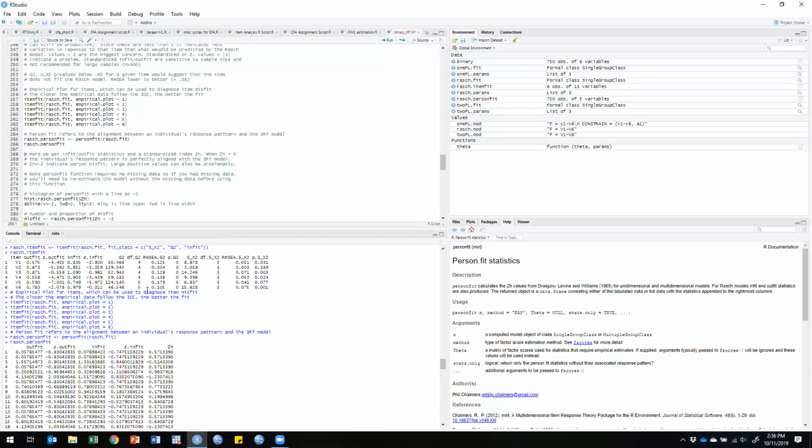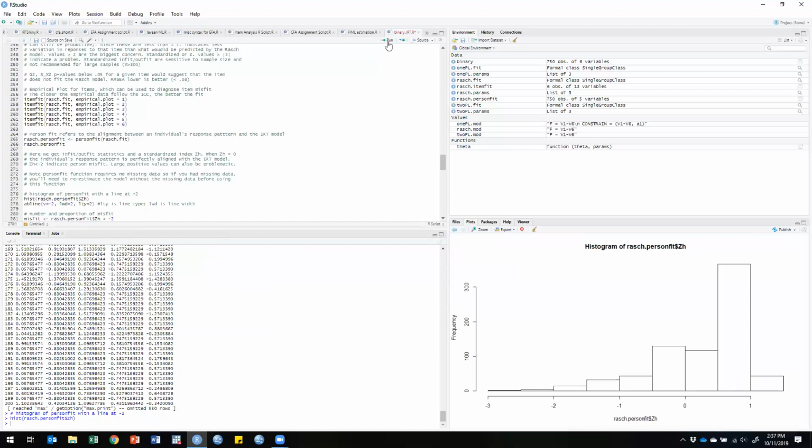Some general rules of thumb I've seen is that if it's less than -2, that indicates a large misfit between that person and the model, so we want to check out those individuals. For the personfit command, we were able to run it because we didn't have any missing data. If you did have missing data, you'd have to remove those items, refit your model, and then run personfit again before it would let you use it.